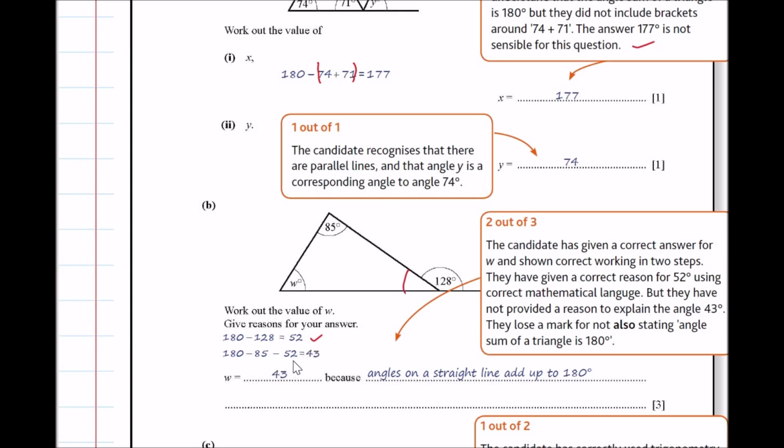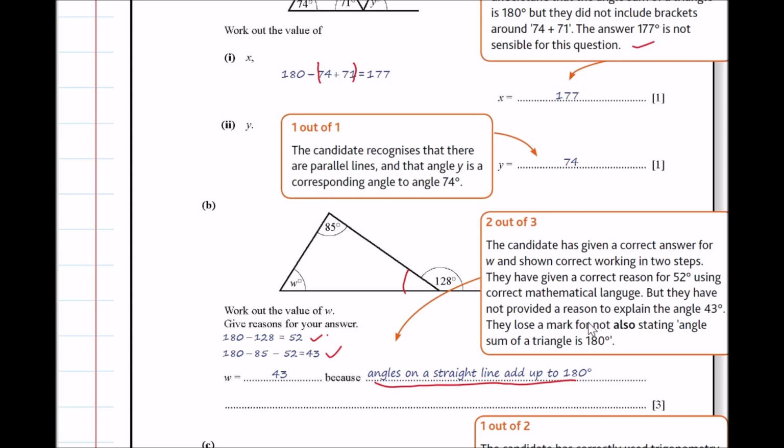180 minus 85 minus 52 equals 43. That is also correct. So the candidate has given a correct answer for W and shown correct working in 2 steps. They have given a correct reason for 52 degrees. So for the first step, he gave this reason. But for the second step, he did not provide any reason.